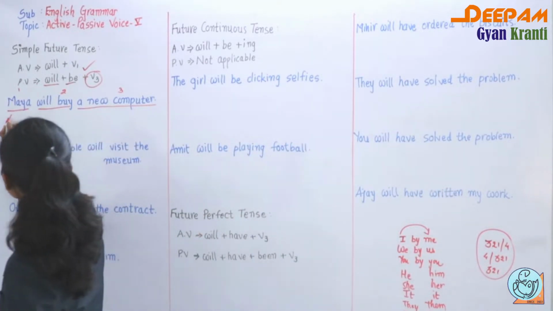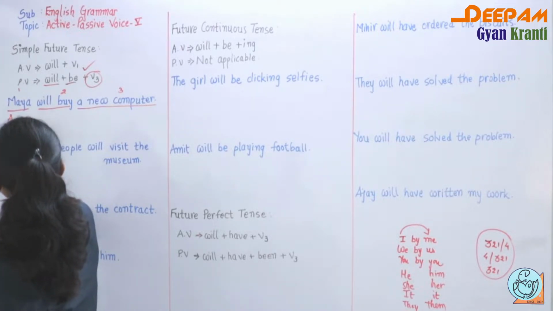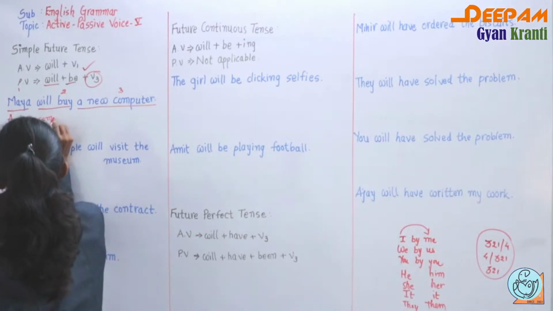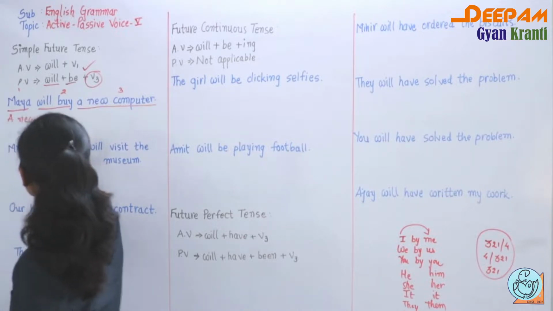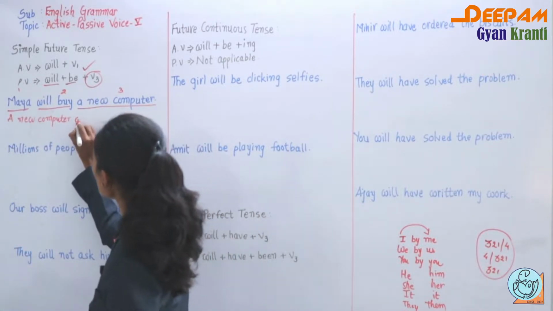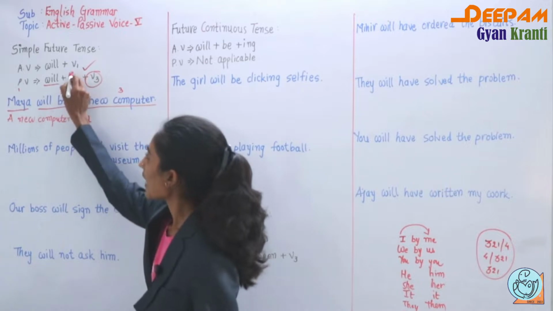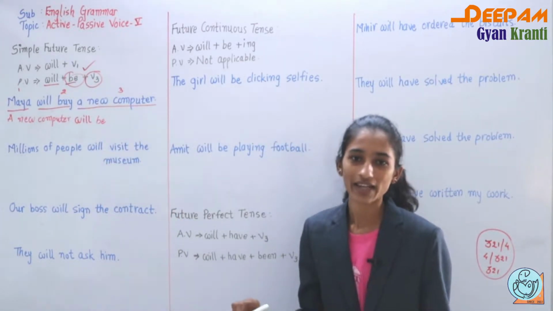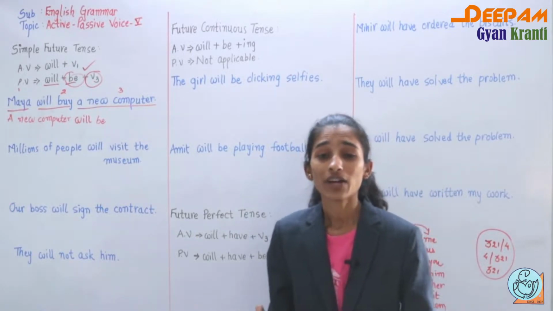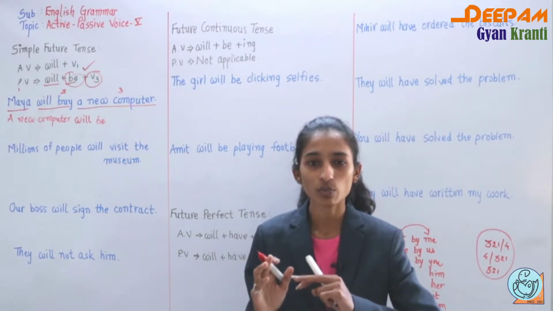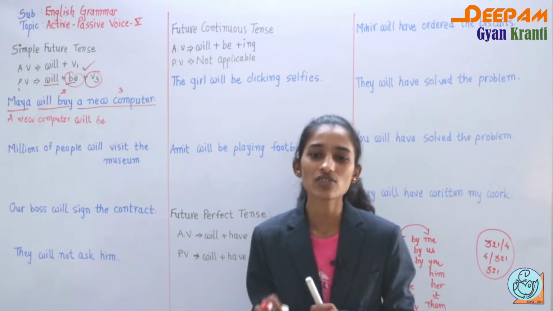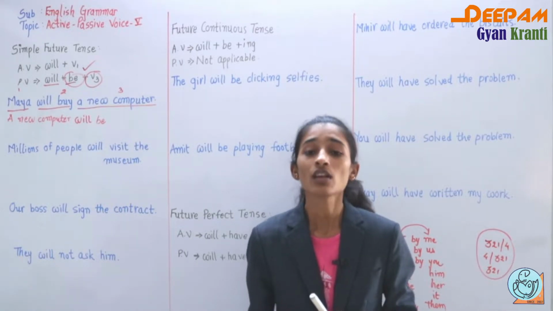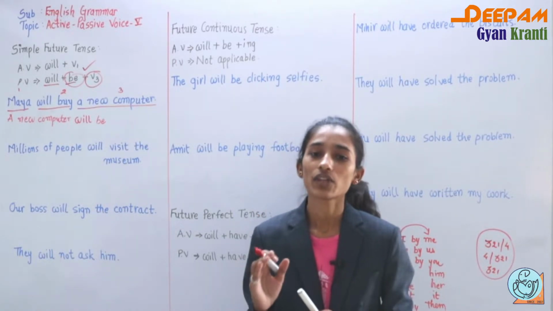So what is the answer? A new computer. Now what do I have to use? We have to use will only. Then after will, we have to add be, and then we have to write V3. Remember one thing, while changing the active voice into passive, in each and every tense, you have to use the past participle of the main verb.